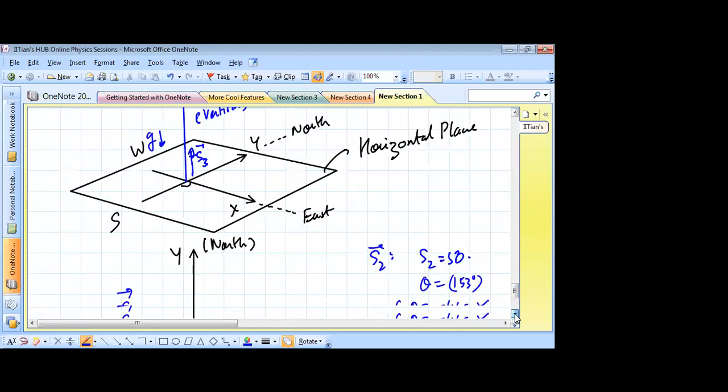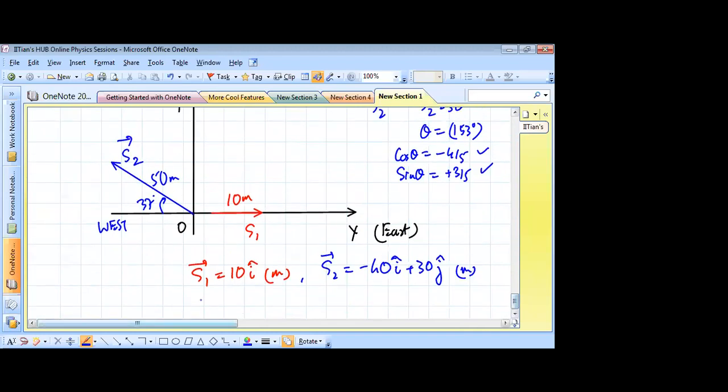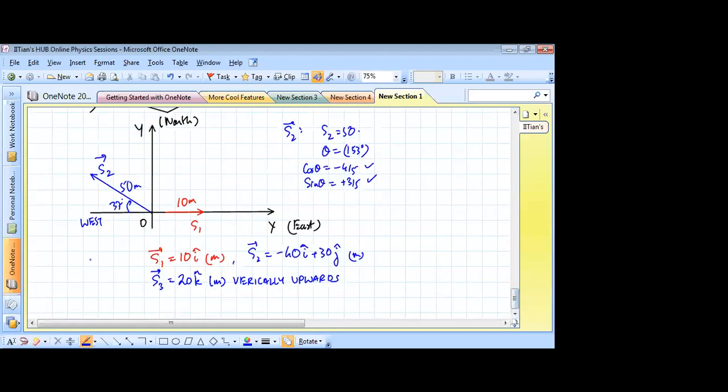In this diagram now, we cannot directly draw S3, but we can say that S3 is 20 k cap, because it is vertically upwards. It's straight coming out of the plane, so it's along the z-axis. So this becomes my first part's answer. The individual displacements S1, S2 and S3 in component form are like this. Hope this is clear first of all, people.